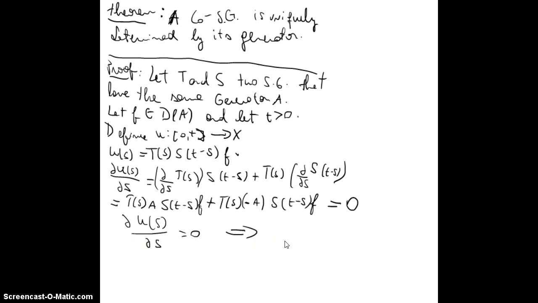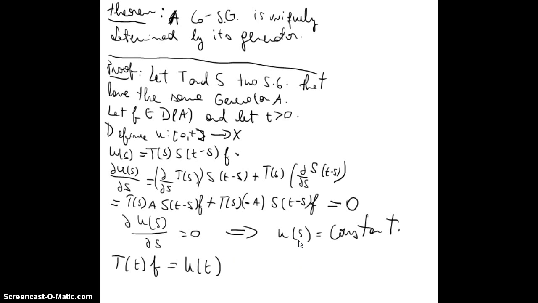This means that U(s) is a constant, just like the scalar case. Okay, so we know that U is a constant, so T(t)f is equal to U(t). Why U(t)? Because U(t) is T(t)f, and S(t minus t) is S(0), which is the identity, this goes out, so it's U(t).